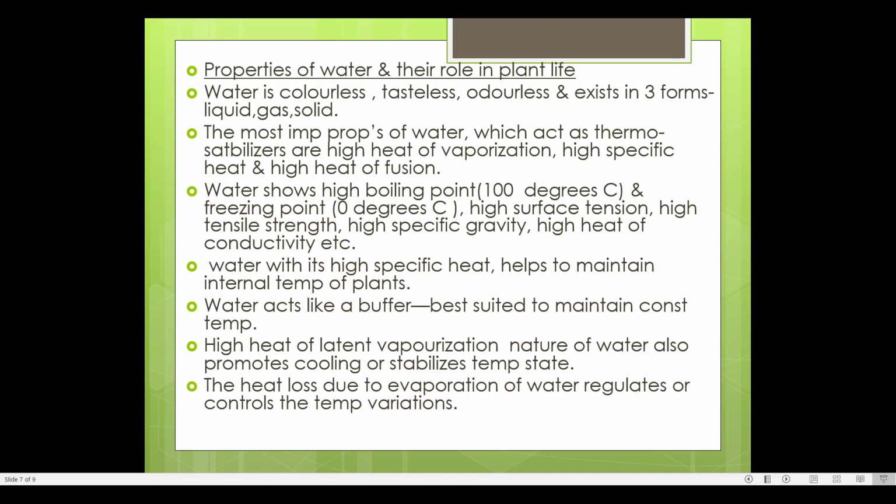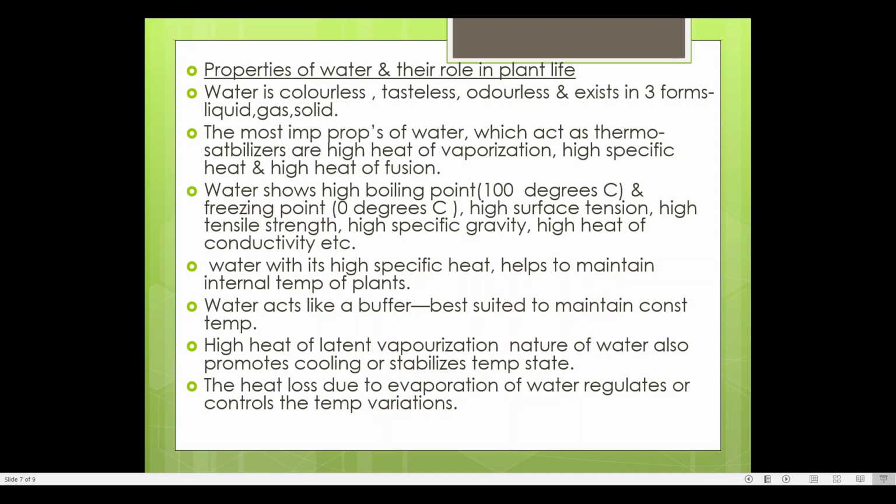And it also shows a high boiling point, that is 100 degrees centigrade, freezing point 0 degrees centigrade, high surface tension, tensile strength, specific gravity, high heat of conductivity, etc. All these are the properties of water.